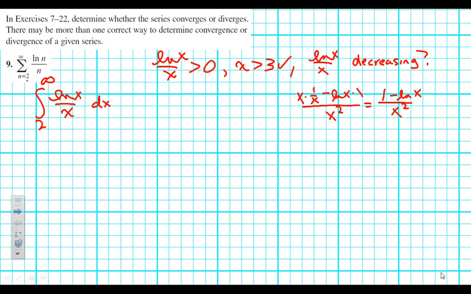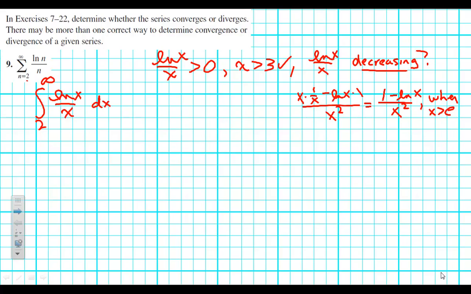The bottom is always positive, and the top will be negative as long as the natural log of x is big enough. And it's big enough when x is greater than e. So this is decreasing when x is greater than e. So it's eventually decreasing always, and eventually it's positive always. We meet those conditions.